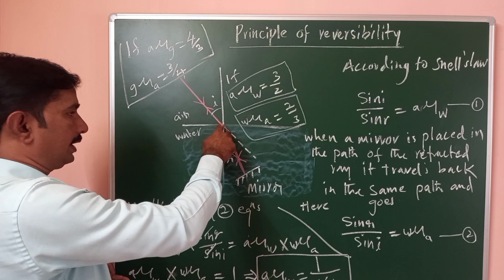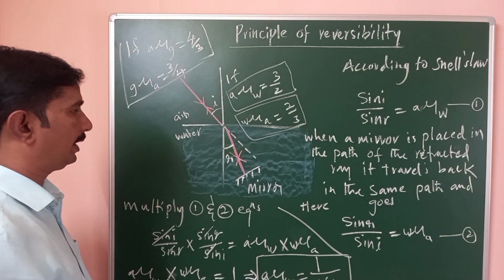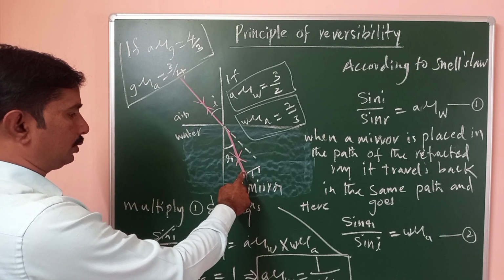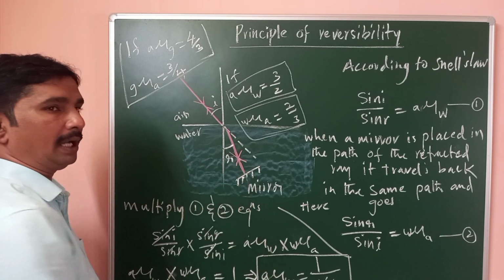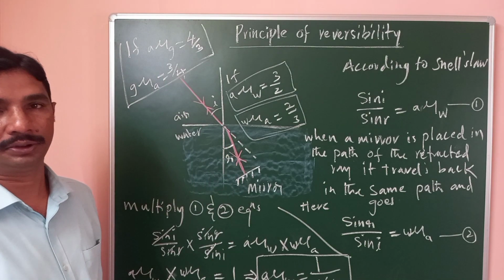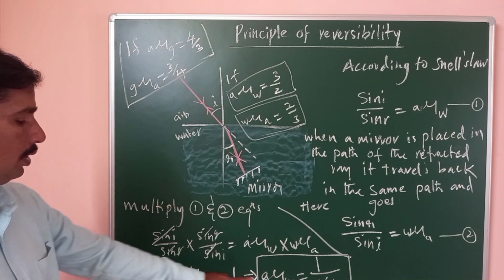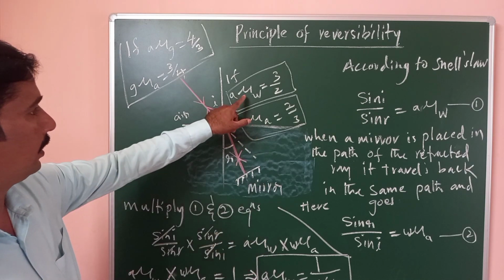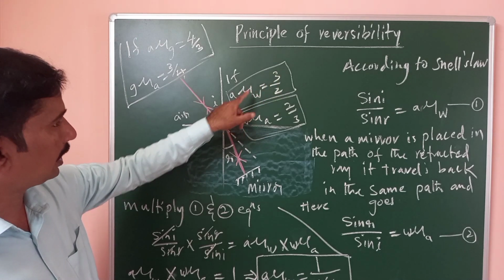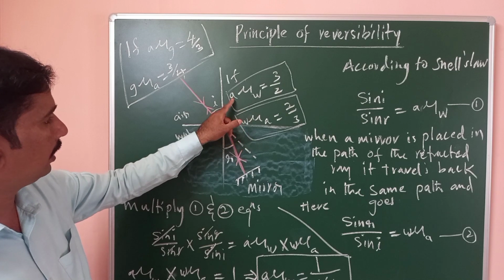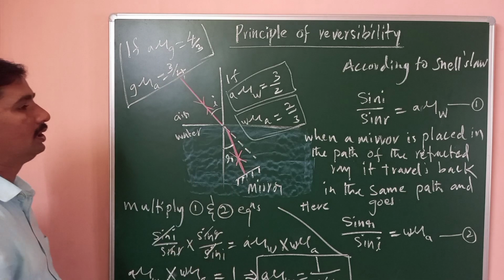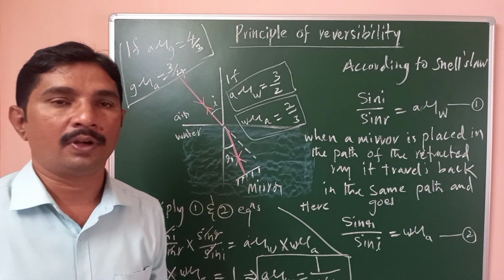When a light ray is incident on the surface of a medium like water, and it is allowed to pass through, and now if a mirror is placed in the path of the refracted ray, the light ray gets reversed back in the same path and goes. That gives us the significance of the reciprocal. The refractive index of air to water is 3 by 2, and when light travels from water to air, it becomes 2 by 3. Reciprocal it becomes. Similarly here also. This is all about the principle of reversibility.